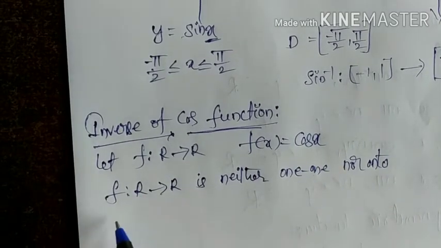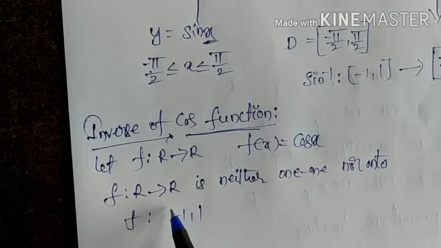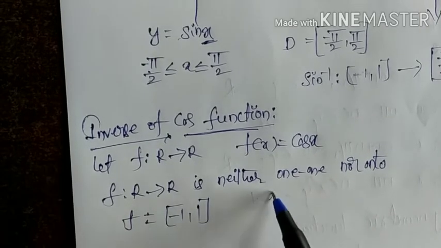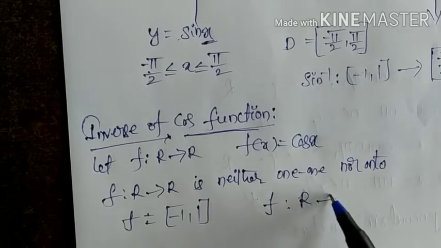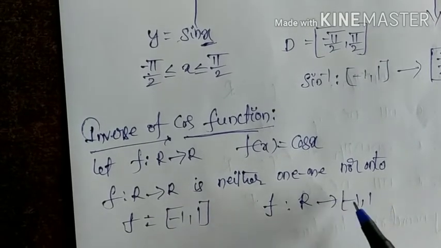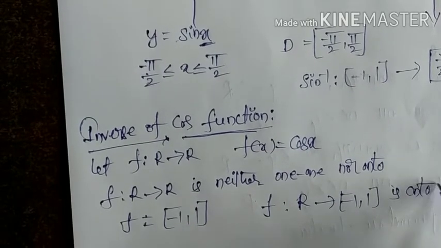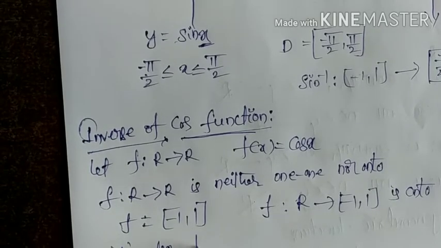But here the range of the function f is minus 1 to 1, right? So the function f from R to minus 1 comma 1 is an onto function, right?